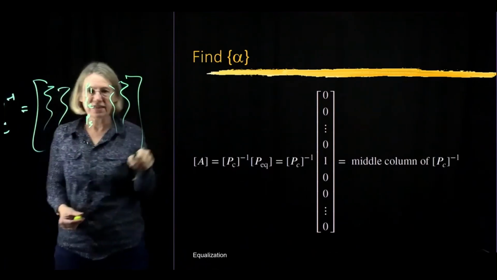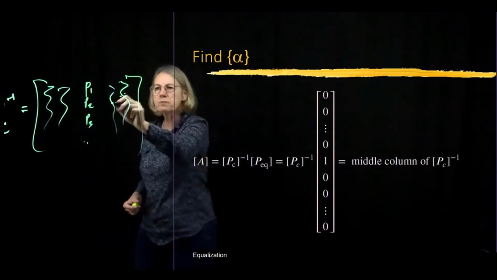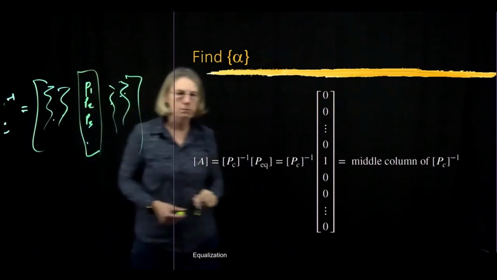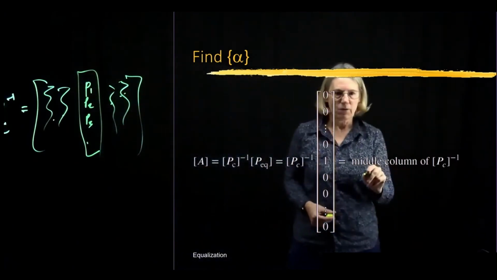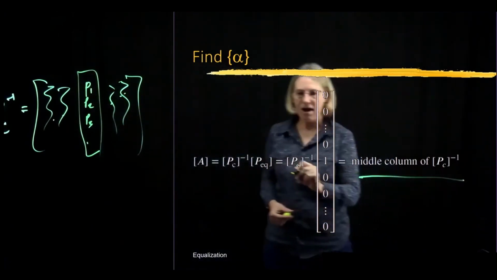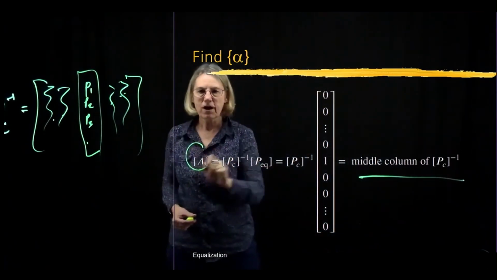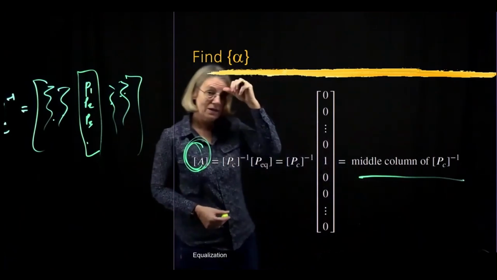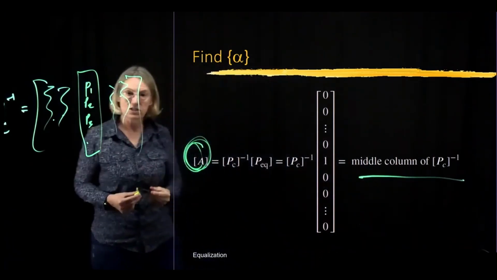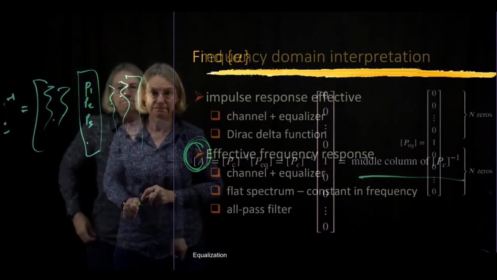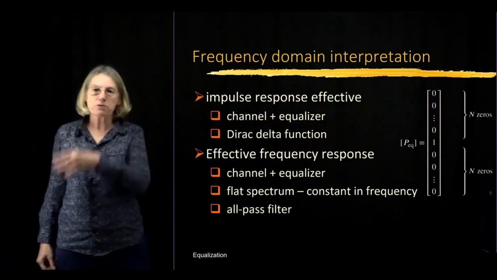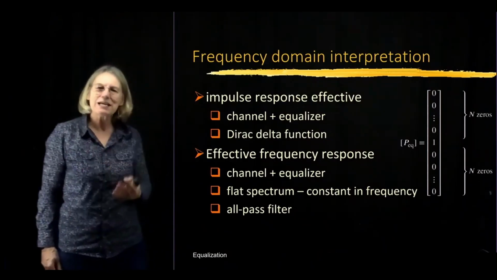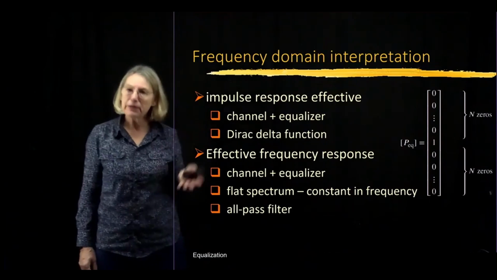And when I multiply things, these things are going to be multiplied by 0, and the only thing that's not going to be multiplied by 0 is this middle column, which is why I say what we want is to have our coefficients for our filter to be just equal to the middle column of this inverse of the channel matrix that I find. So that's been a nice time domain interpretation. I've been doing convolution in the time domain, but let's think about what's going on in the frequency domain.